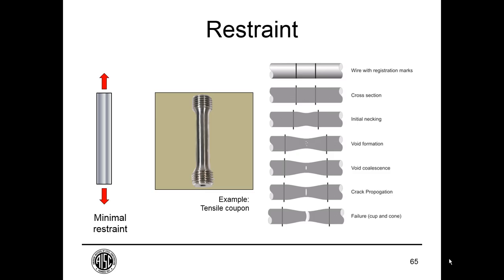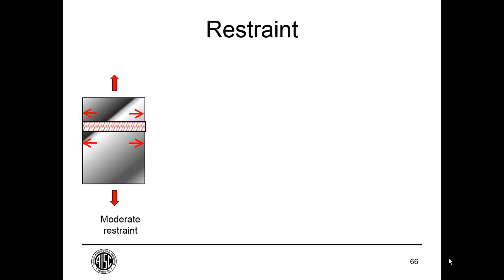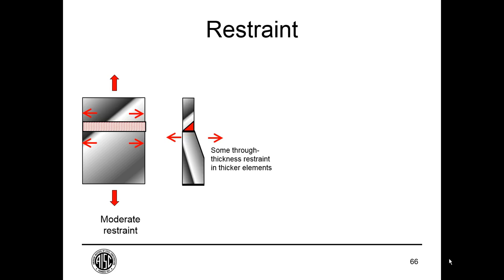And indeed, that's how we measure elongation for the material. We can introduce some restraint. This is a plate element. There's some through thickness restraint for thicker elements, but generally we taper it to try to minimize that through thickness.